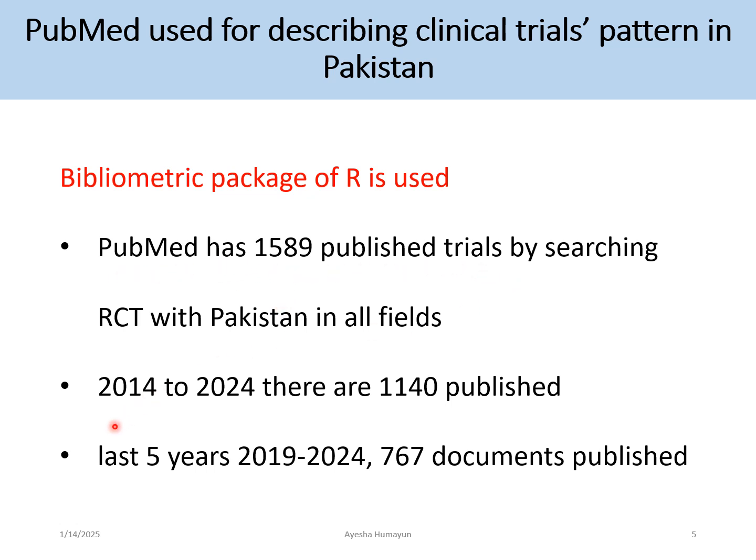In the last decade, or 10 years, there are 1140 published trials, so it shows that the majority of these trials are in the last decade. And specifically in the last 5 years, we found 767 documents, which again is more than two-thirds of the total published trials in the last decade.